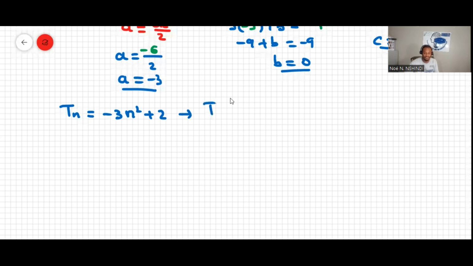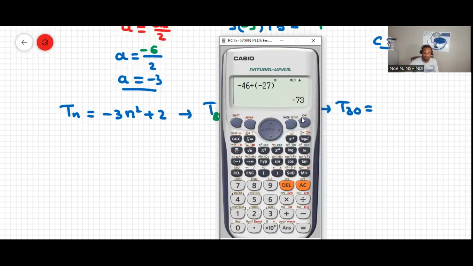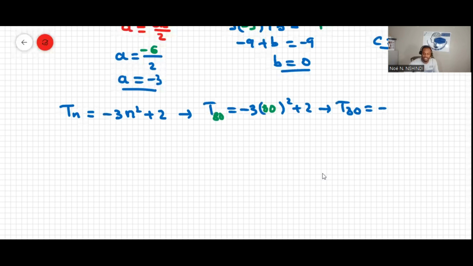Then we can also find T80 by substituting 80. Using a calculator, -3 times 80 squared plus 2 is equal to -19198. So that's question C.